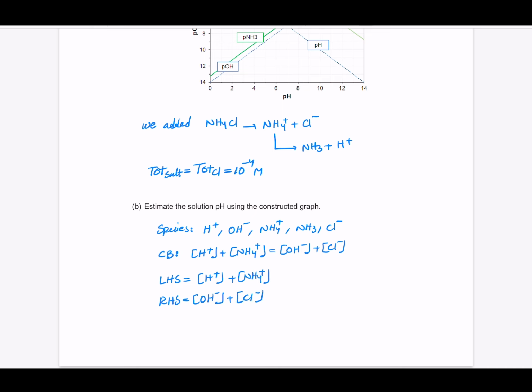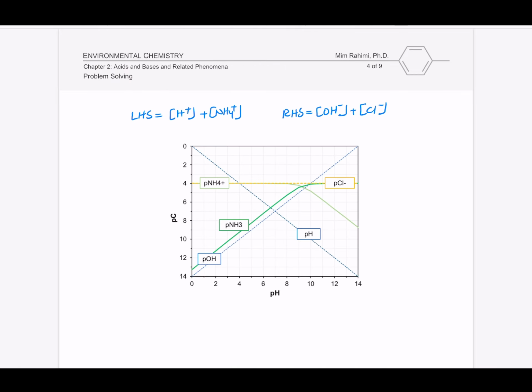So now we need to construct this LHS and RHS on the graph. So to do so, we need the graph again. Now that we brought the graph and also the equation, we just need to construct the LHS and RHS lines, and when they cross each other, that's the pH point. That's how it works for graphical solutions.